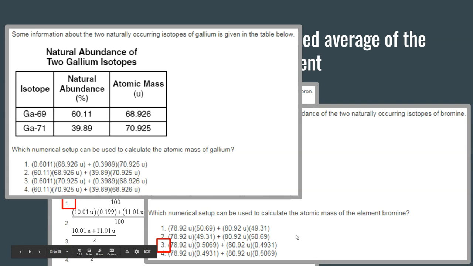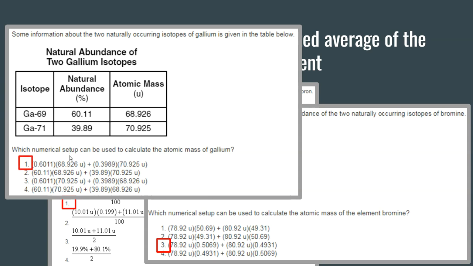Let's try another problem. Here we're given another table. You can see that the Regents likes giving you tables, and it asks you to calculate. It should provide the numerical setup that can be used to calculate the atomic mass of gallium, which has 2 different isotopes, and it gives you their percent abundance this time and the atomic mass. Okay, we see that the percent abundances are written in decimal form.